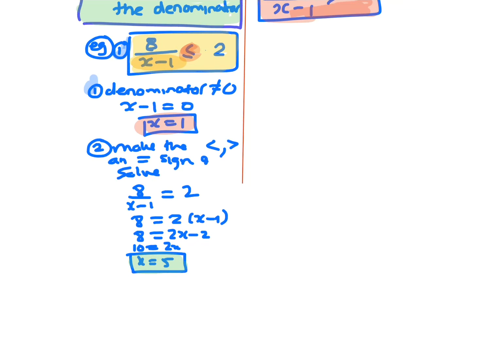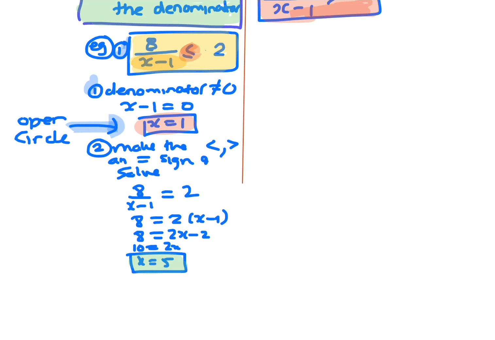So we now have x equals 1. Now at x equals 1, that would have to be an open circle. Now why is it actually open? Because at x equals 1, it is undefined because it is on the denominator.